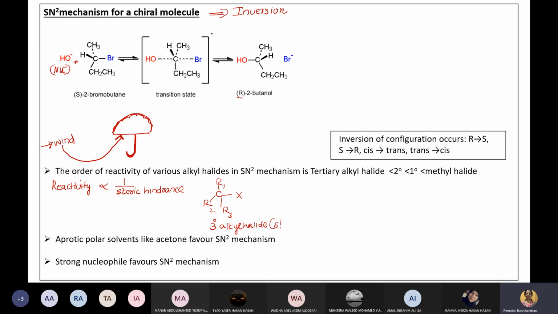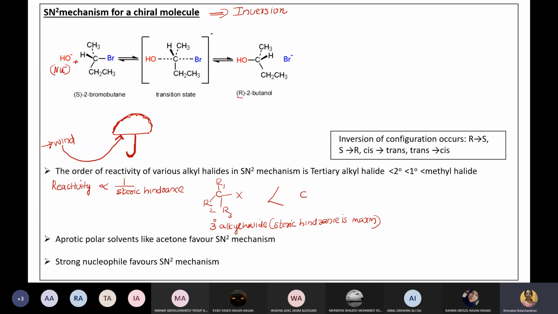Why? Steric hindrance is maximum. Because the incoming nucleophile cannot approach the alpha carbon. Why? Because it's surrounded by bulky groups.